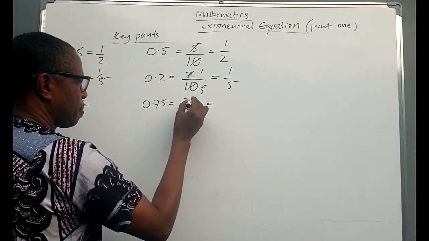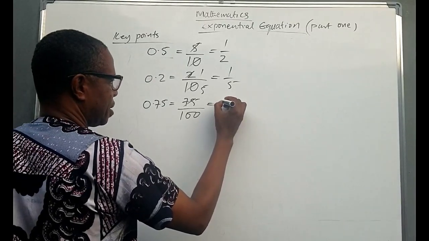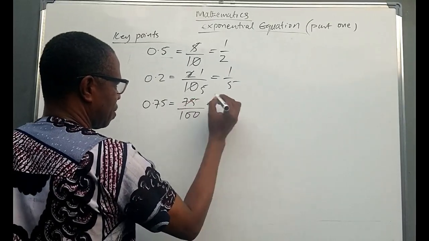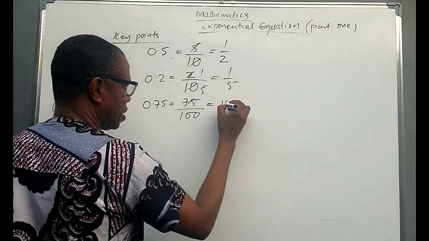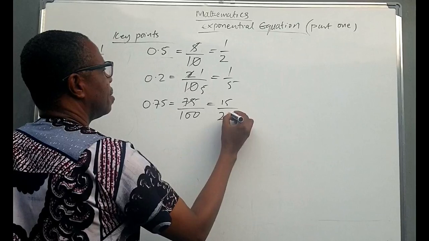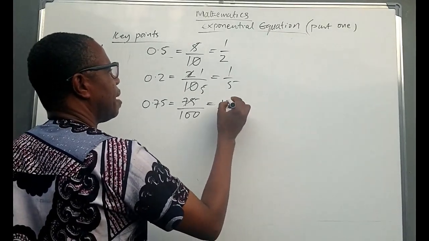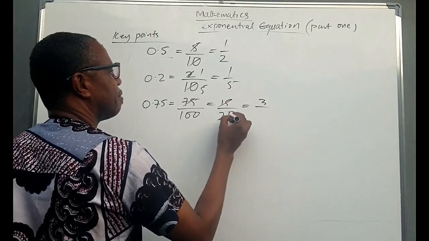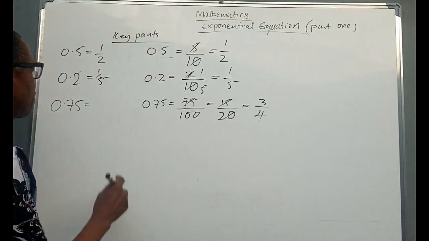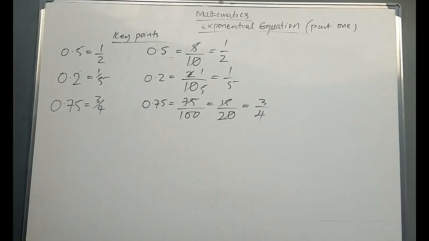And that will give you 75 over 100. 5 divided into 75 is 15, and 5 divided into 100 will give us 20. Then 5 divided into 15 is 3, and 5 divided into 20 definitely is 4. So 0.75 is the same as 3 over 4.